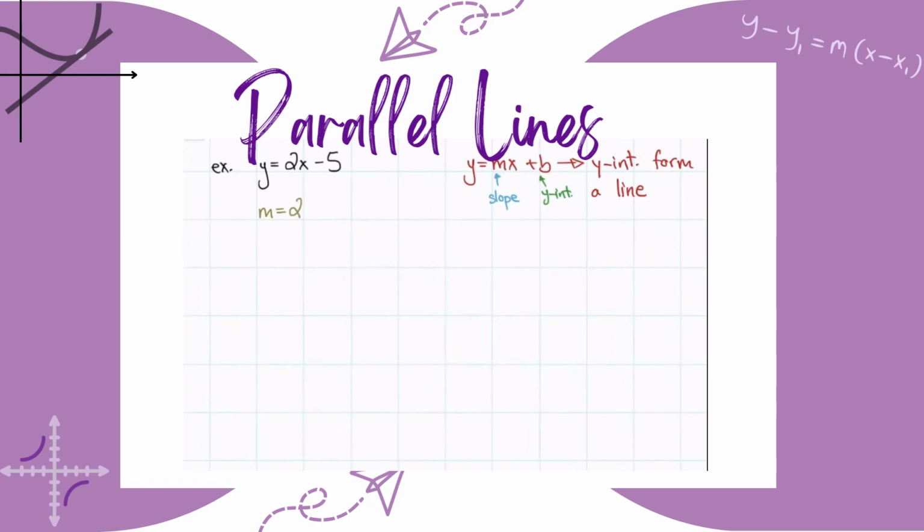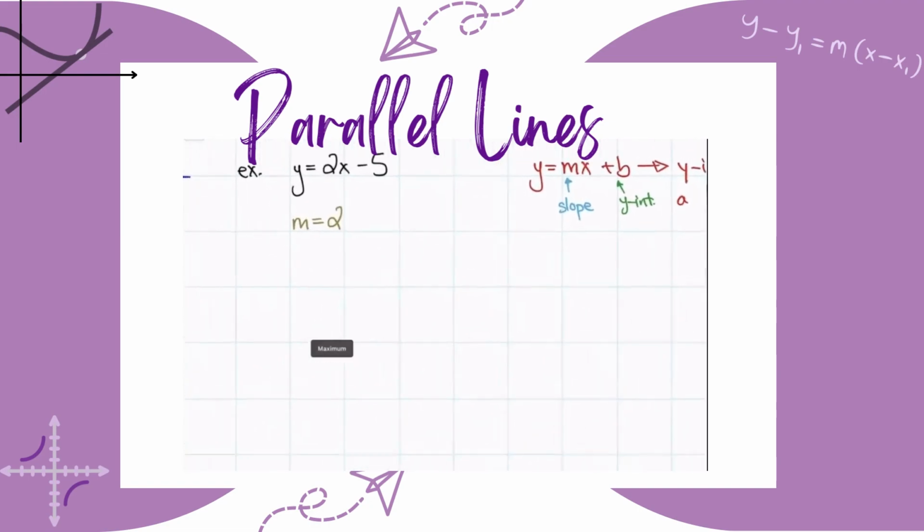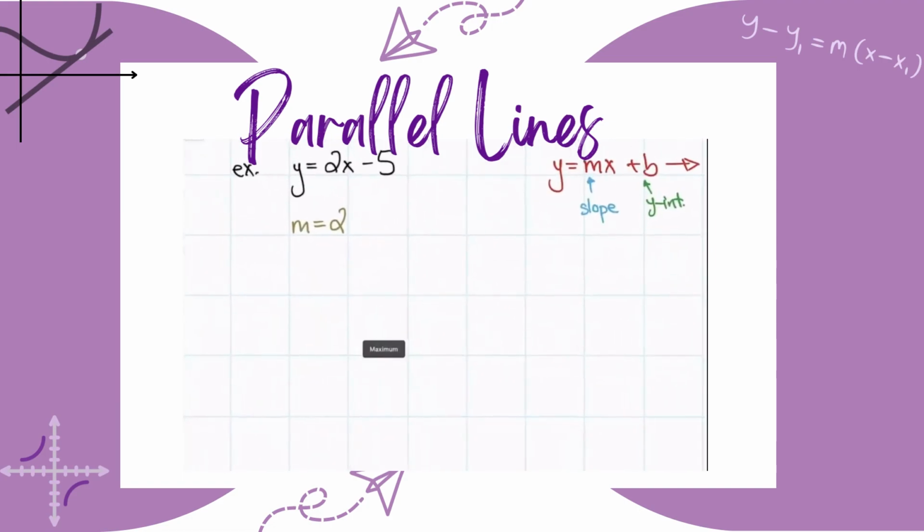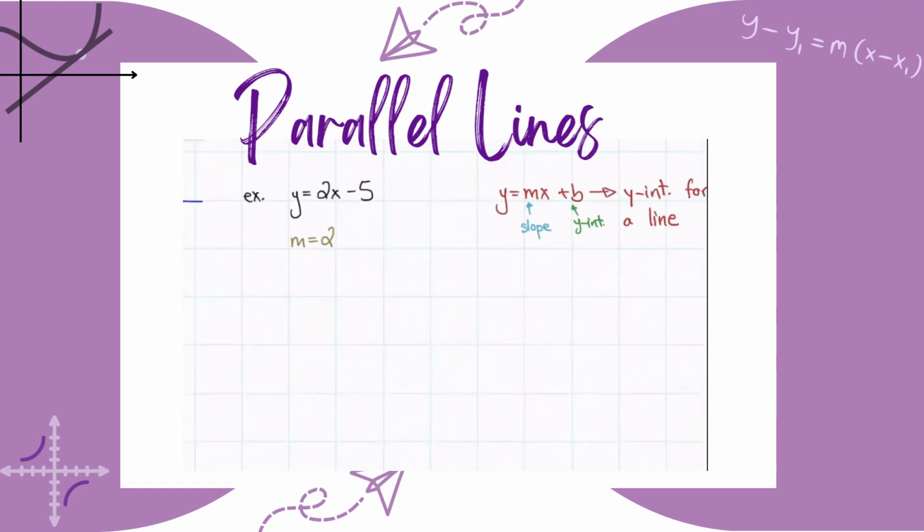So if you were told to get the equation of another line that's parallel to the line that's given, what would you say is the equation? Negative 2? No. We could say y equals 2x plus or minus a number, where that number cannot equal negative 5.